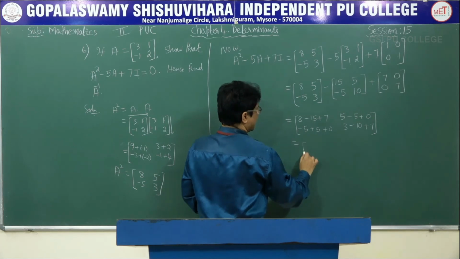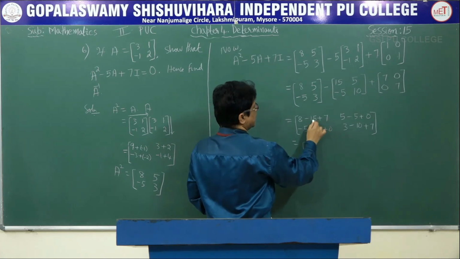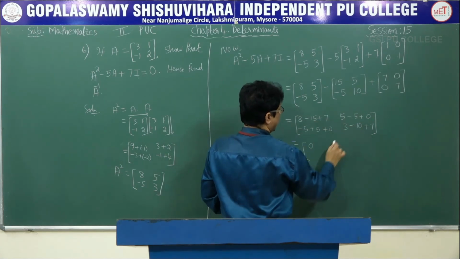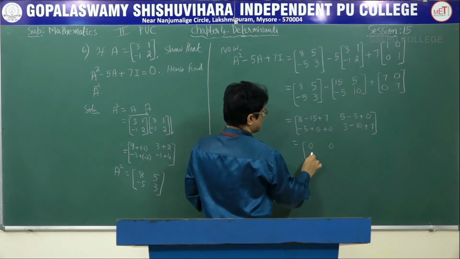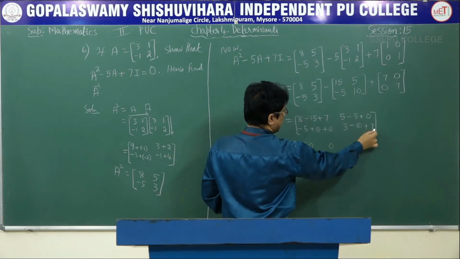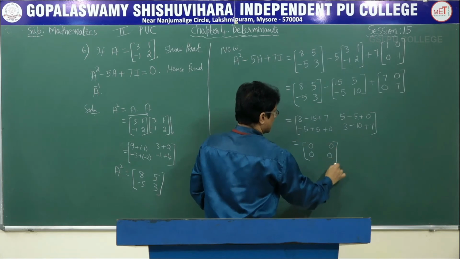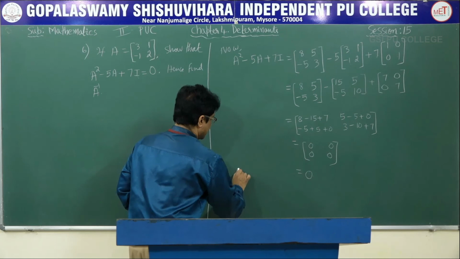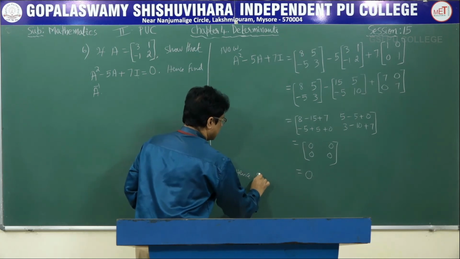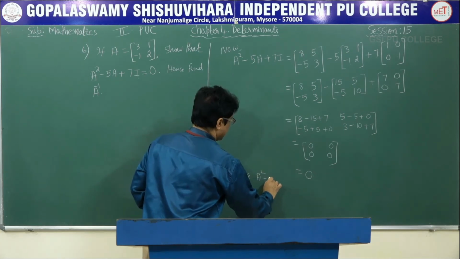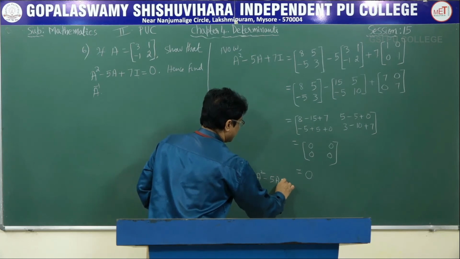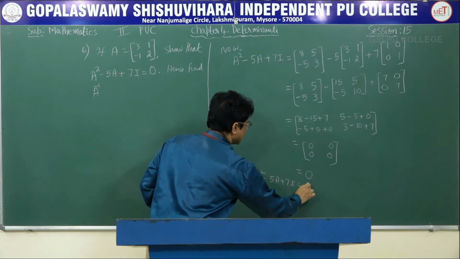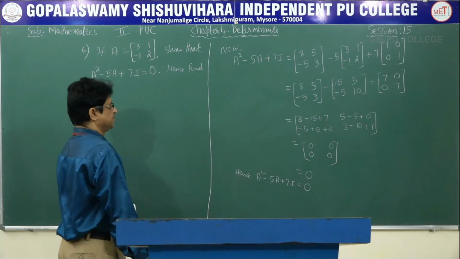So that will be equal to 8 plus 7, 15, 15 minus 15, 0, 5 minus 5, 0, minus 5 plus 5, 0, 3 plus 7, 10, 10 minus 10, 0. So this is nothing but the null matrix. Hence, A square minus 5A plus 7I equals null matrix.